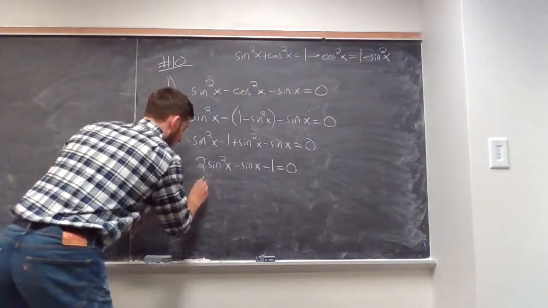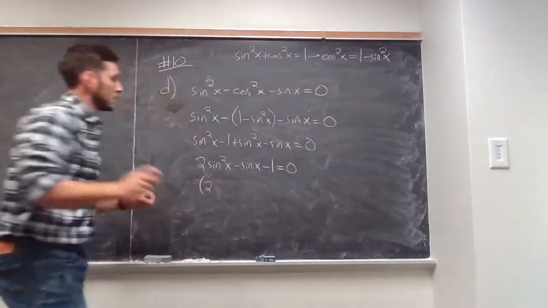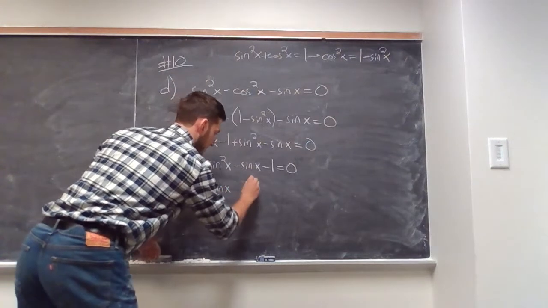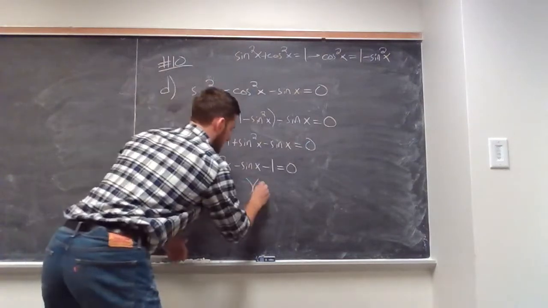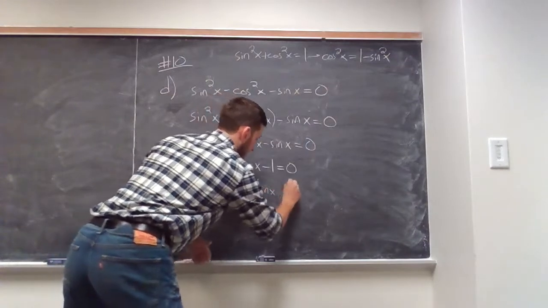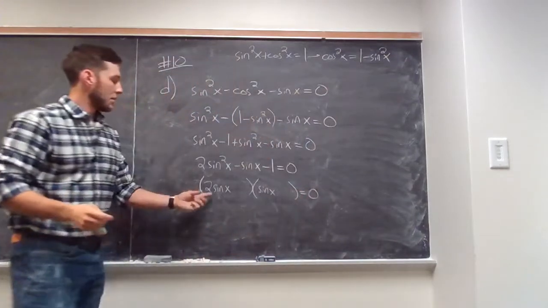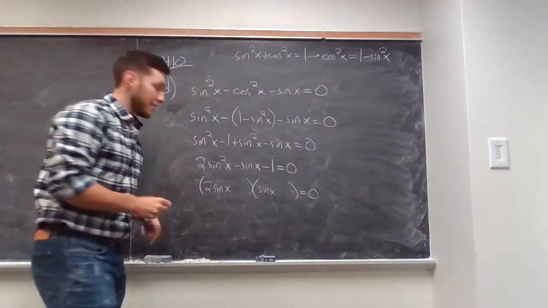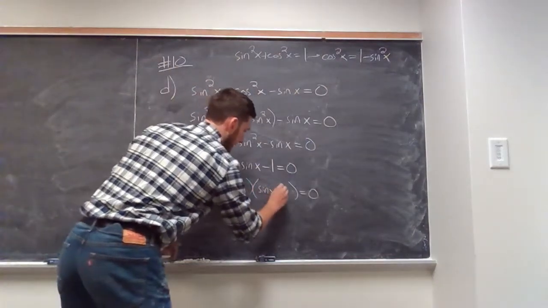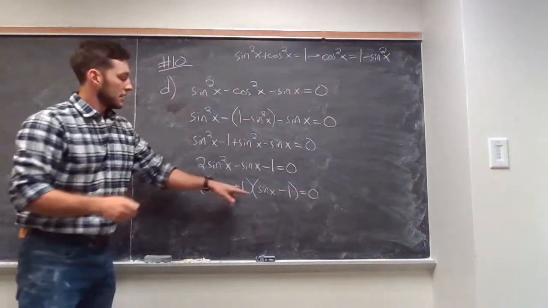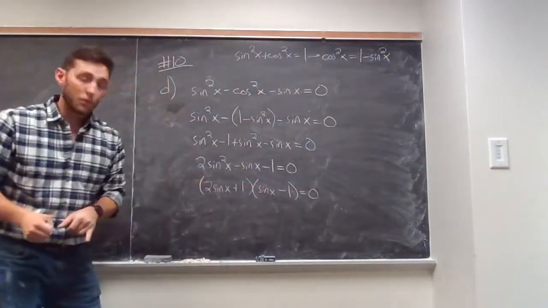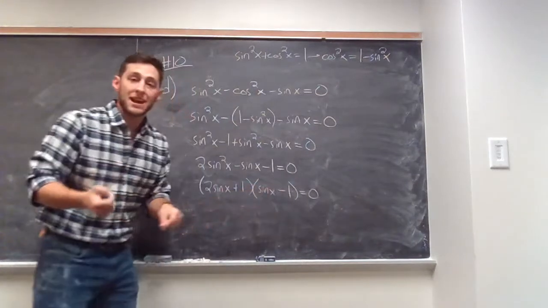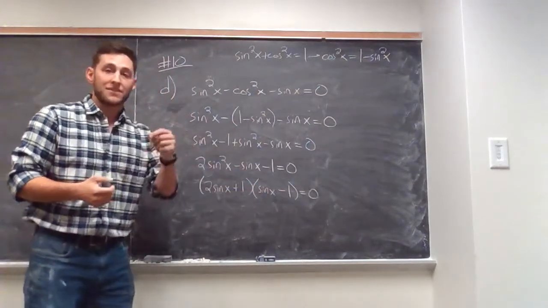However, either way, we're going to factor this. This will factor into 2 sine x, and something's going to go there, times sine of x. That will give me the 2 sine squared of x. And I need to make a minus sine of x, so I'll take a plus 1 and a minus 1. These guys will multiply to give me negative 1, and they'll combine to give me sine of x minus 2 sine of x, giving me minus sine of x.